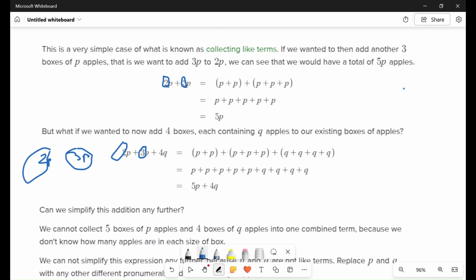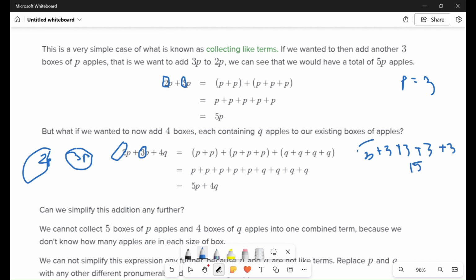For example, if p was 3, I would have 3 plus 3 plus 3 plus 3 plus 3, which is 3, 6, 9, 12, 15.